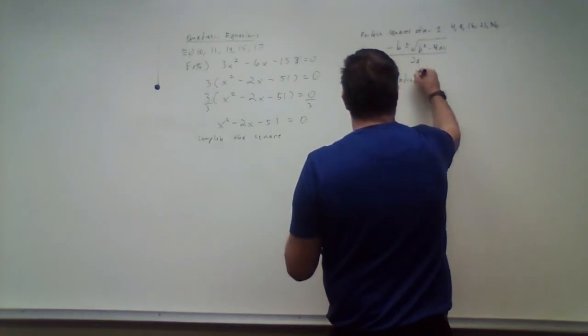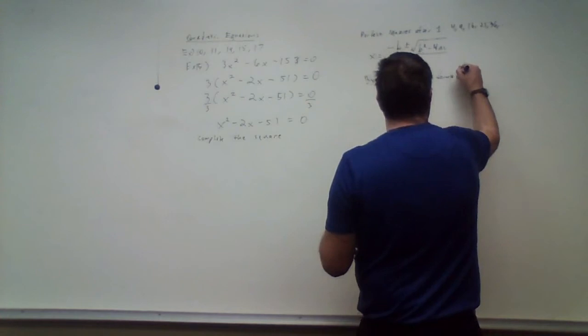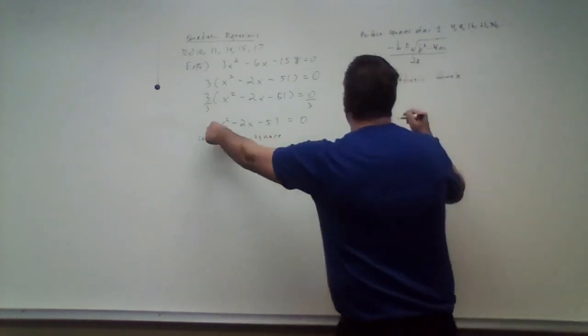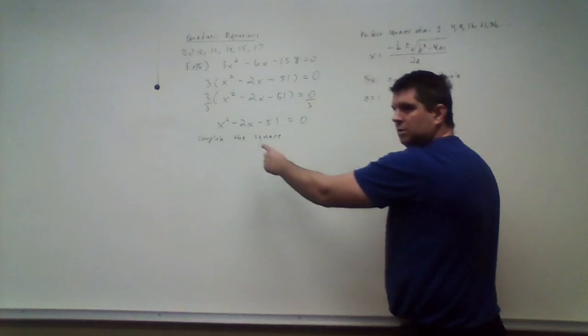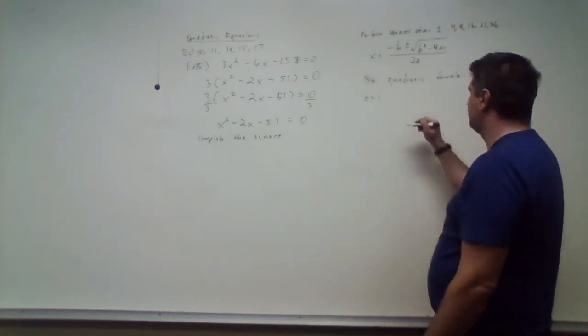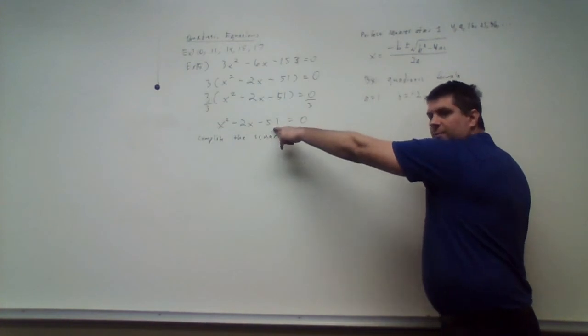My quadratic formula. So A is 1, B is negative 2, and C is negative 51.